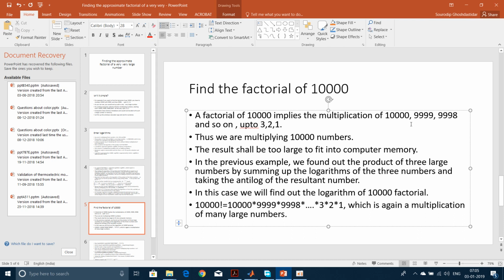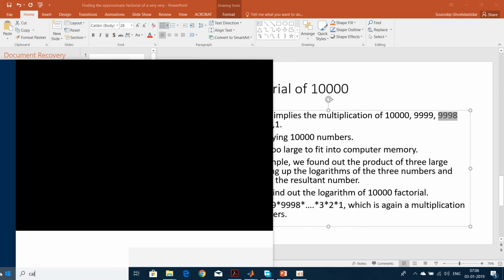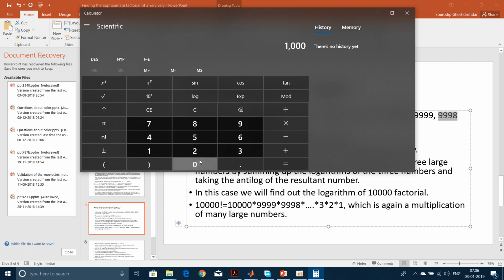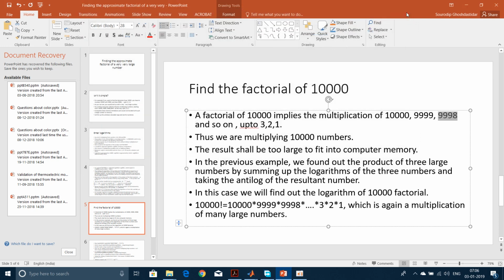If we just go through the route of directly multiplying these huge numbers, we would just wind up overstressing the computer. I'll just show it to you once more. If you try to find out the factorial of 10,000, it will just show errors, overflow. So it can't accommodate the large number in its memory.